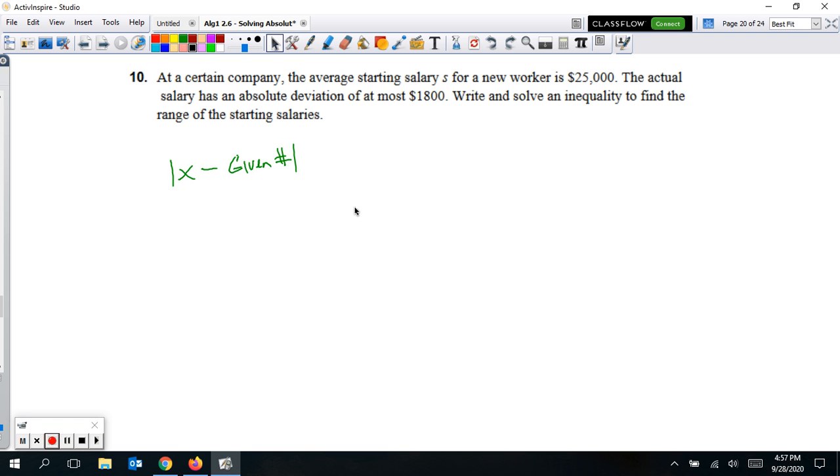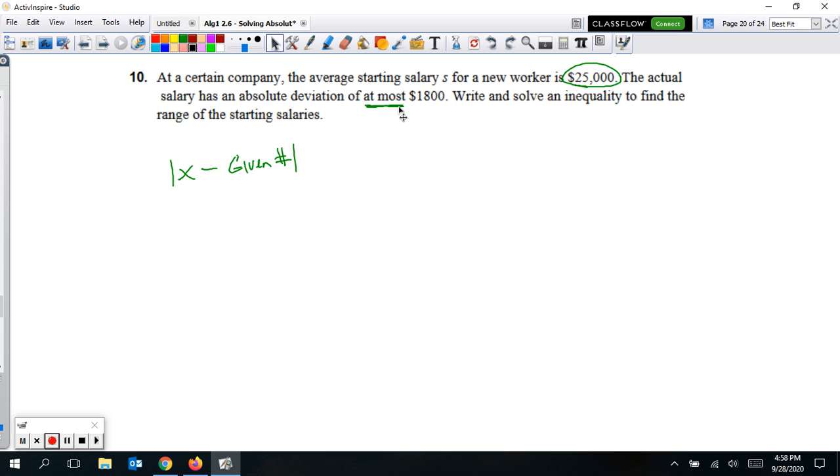So again, we're going to be using this as our absolute deviation, the absolute value of x minus the given number. Okay, so the given number here is the average number, which is 25,000. And then the inequality sign we're going to have to write is at most 1,800.